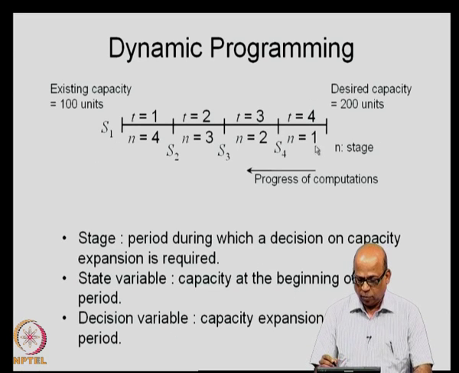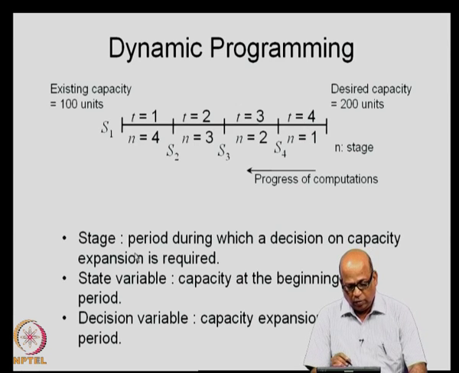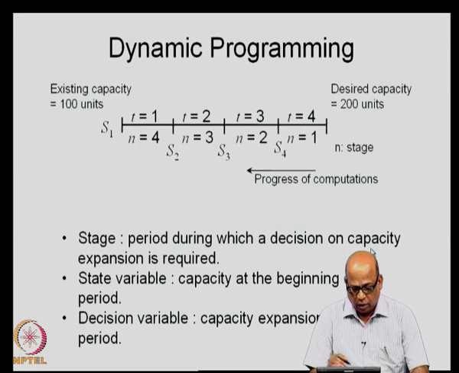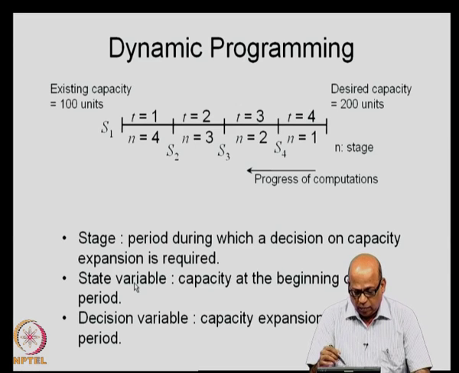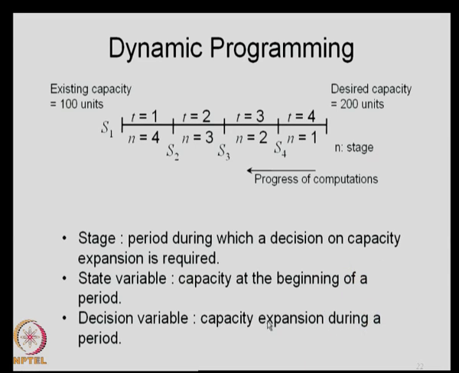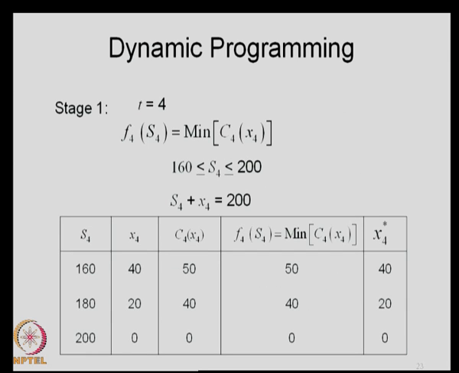So, this is how we progress. Stage is the period during which a decision on capacity expansion is required. Then state variable is capacity at the beginning of the time period, and decision variable is capacity expansion during the time period. So, these three definitions you must remember now.